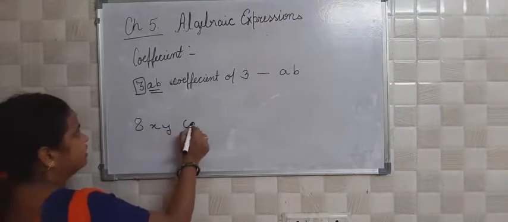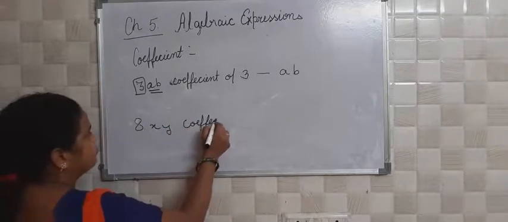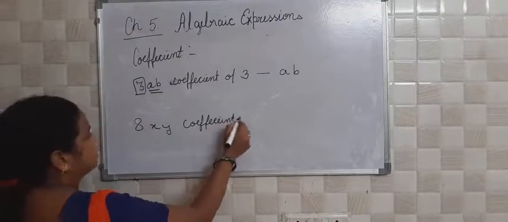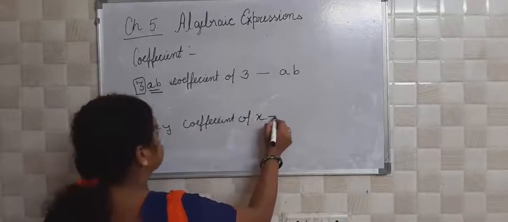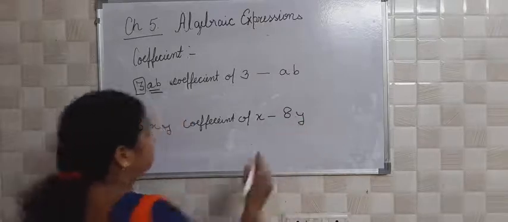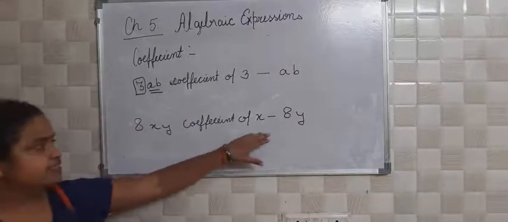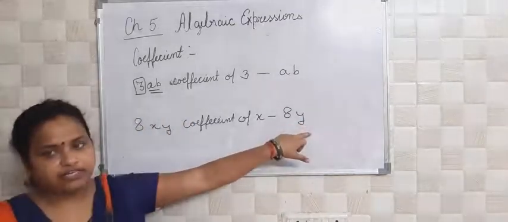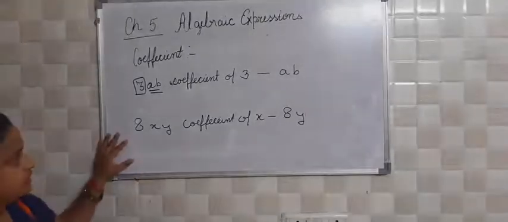8xy. Here I am taking another case, the coefficient of x. So what is remaining? 8y. So what will be the coefficient of x here? 8y. Is it clear to you?